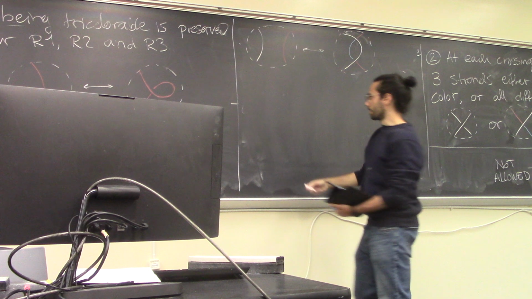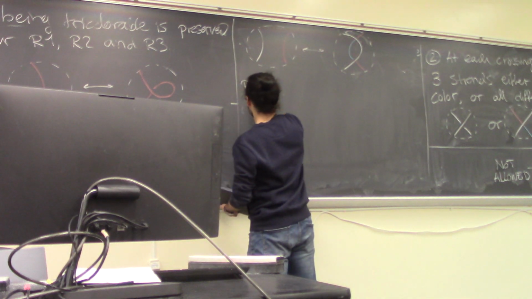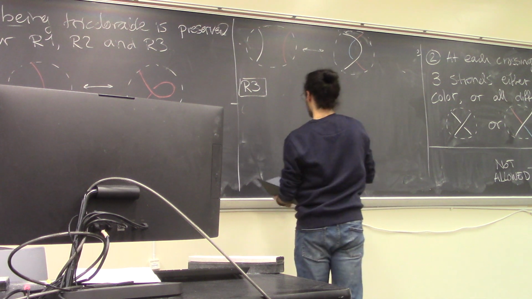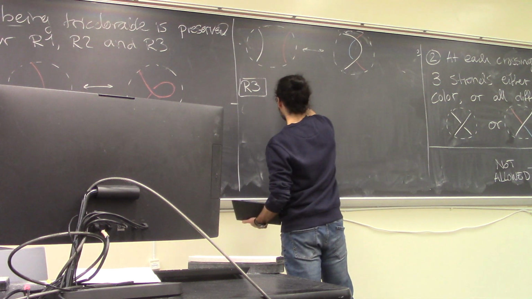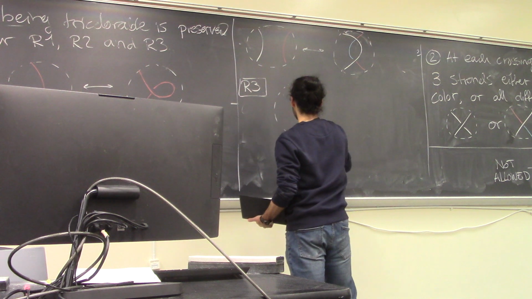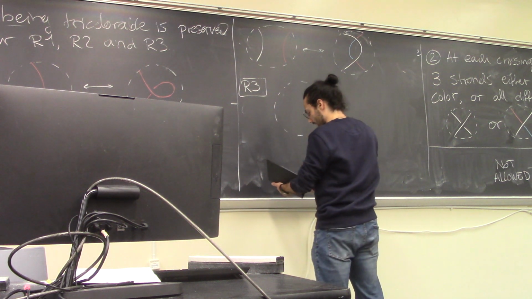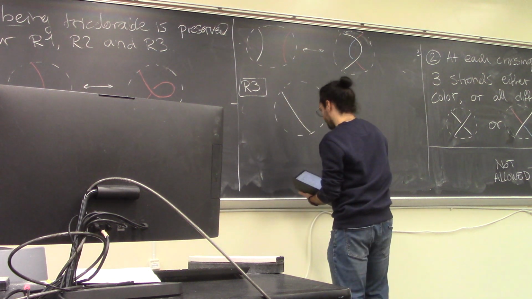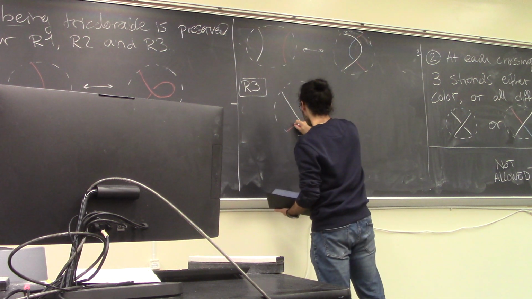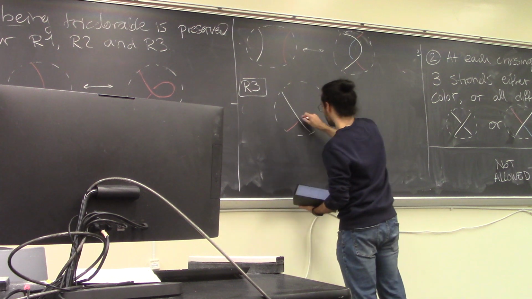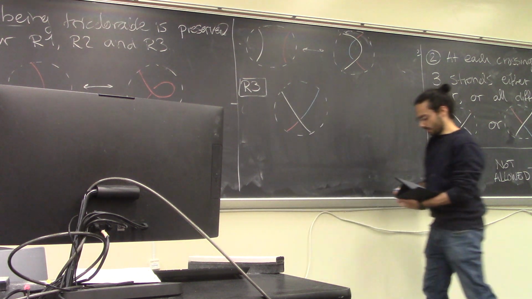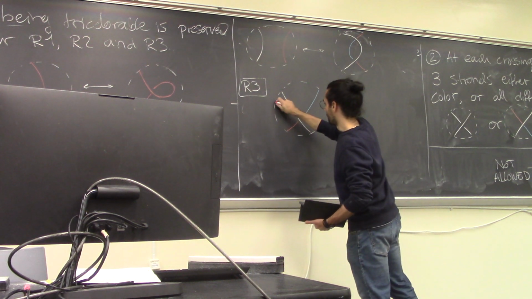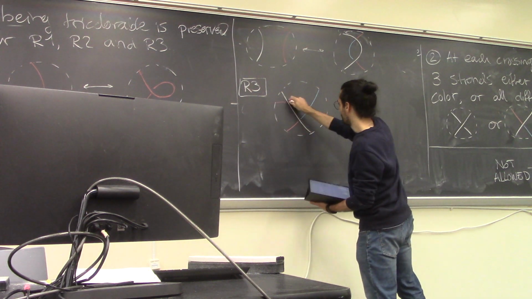Okay, and then you can check the third move as well. It's not much more complicated, but there are some more cases to consider. So the easy case is when all the strands have the same color, and the other case that is more tricky is when all the strands have different colors.